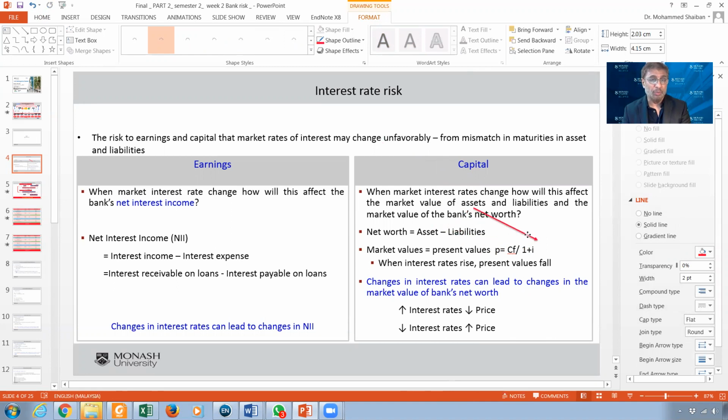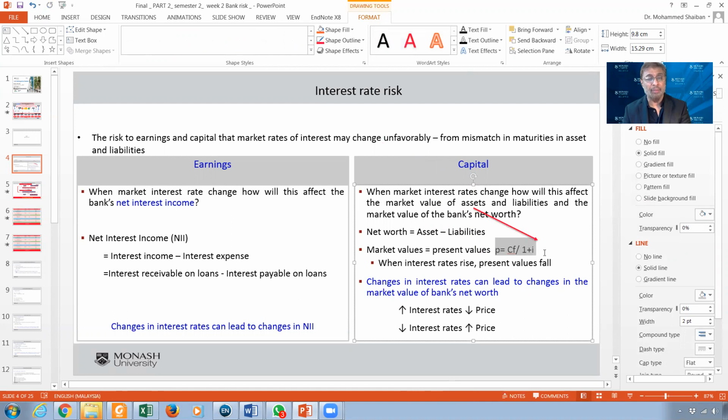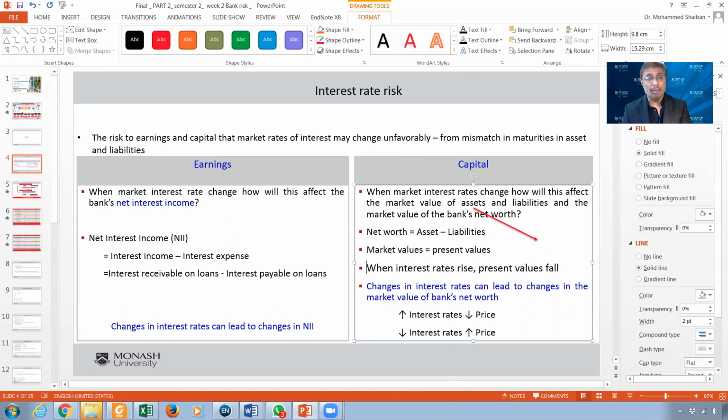And this is the impact of the increase in the interest rate on the capital, which means, since my capital or equity is the difference between the market value of the assets and the market value of the liabilities, the market value of the assets will drop, and the market value of the liabilities will drop also.